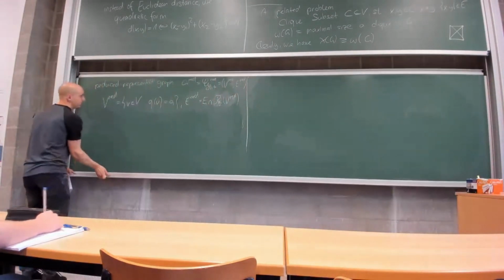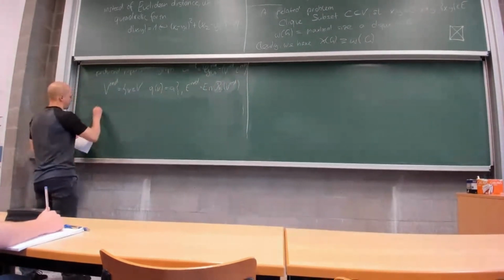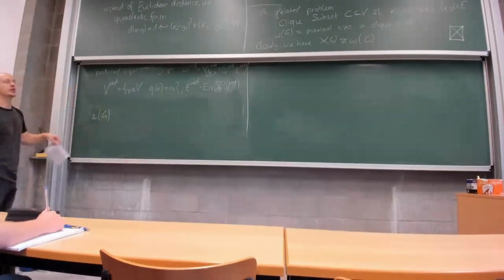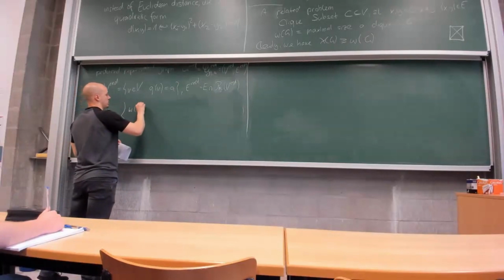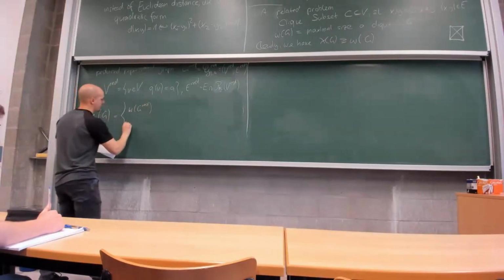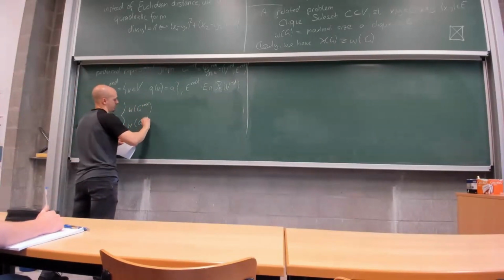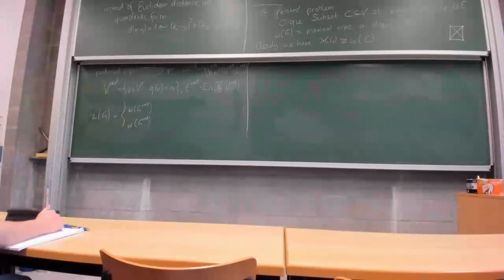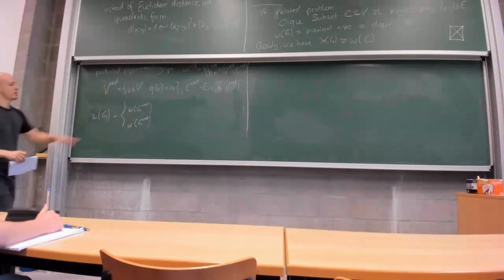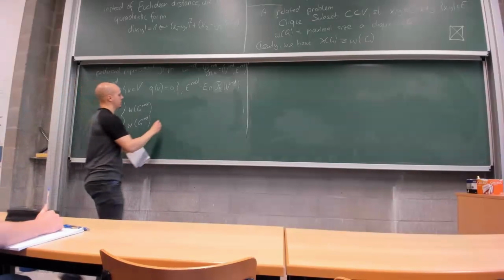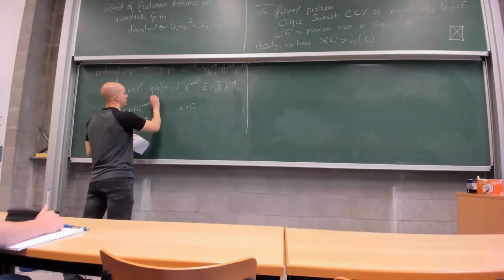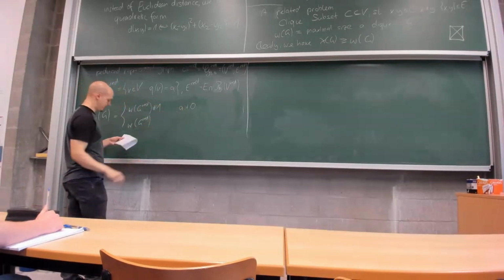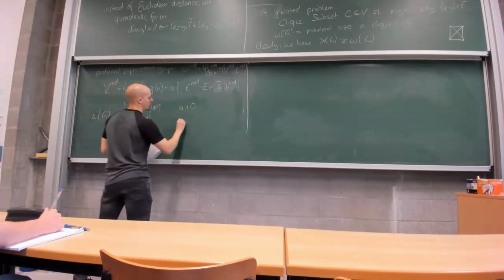And why do we do that? We have that the clique number of the original graph is more or less the same as for the reduced graph, if A is not 0.